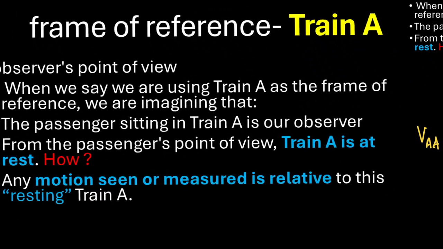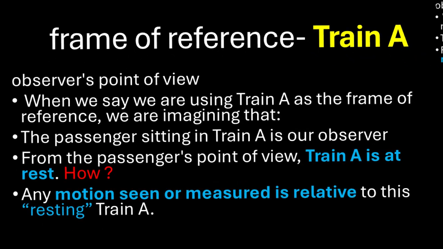Now let's continue this further. If we have the frame of reference as train A, what does it imply further? If we choose the frame of reference as train A, what sense are we trying to make out of it? It otherwise means that the observer's point of view is from train A. When we say we are using train A as the frame of reference, we are imagining that the passenger sitting in train A is our observer.